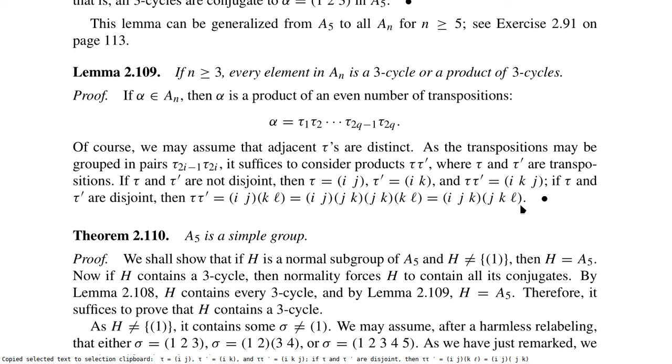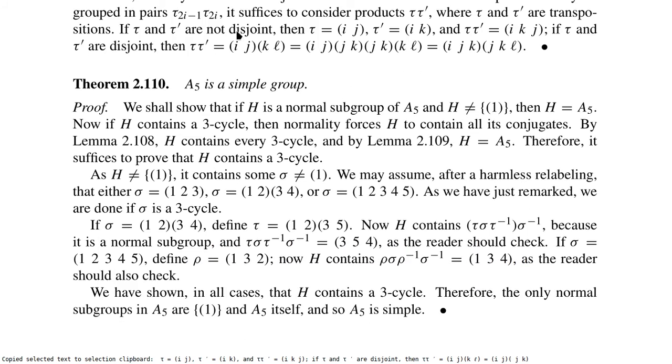So that shows that if you have n greater than or equal to 3, every element in An is either a 3 cycle or can be written as a product of 3 cycles.